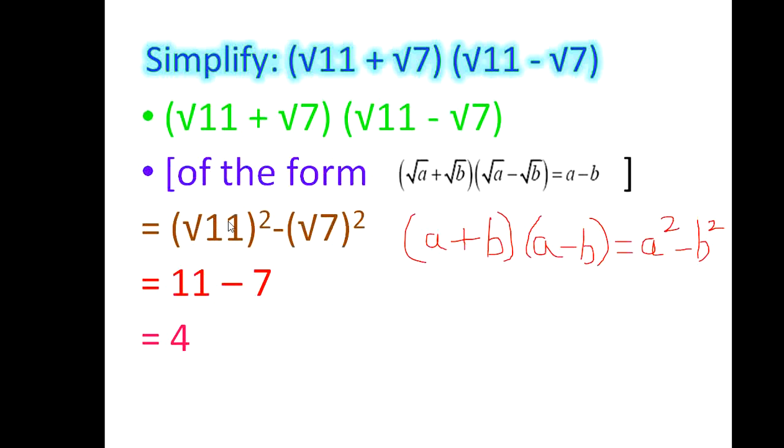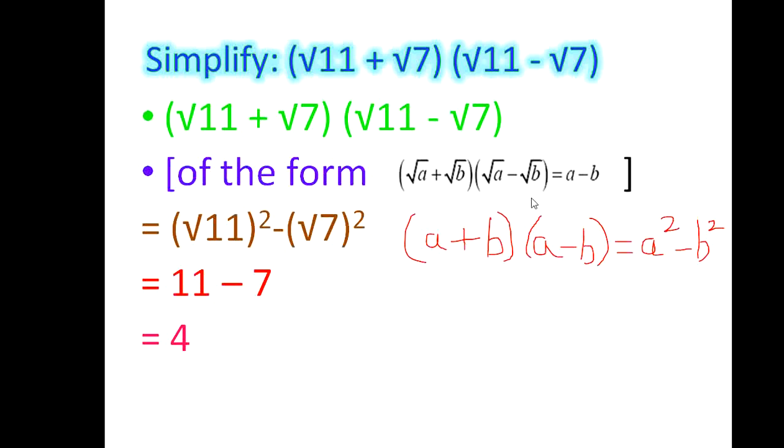So root and square is there, so what will happen? You will get the number alone, you know, right? So you will get 11 minus 7. That's why we are using the identity. Identity means it is universal everywhere. Whether you use a variable or a constant, you will get the same answer as the identity.